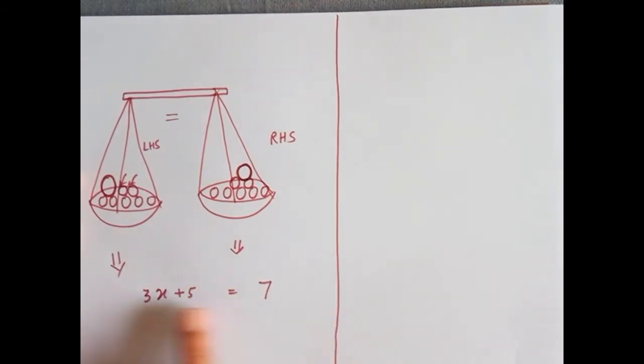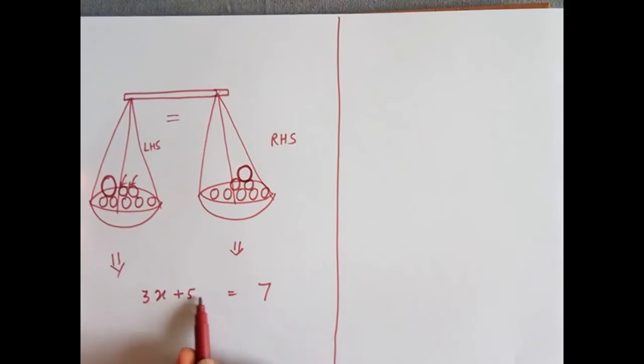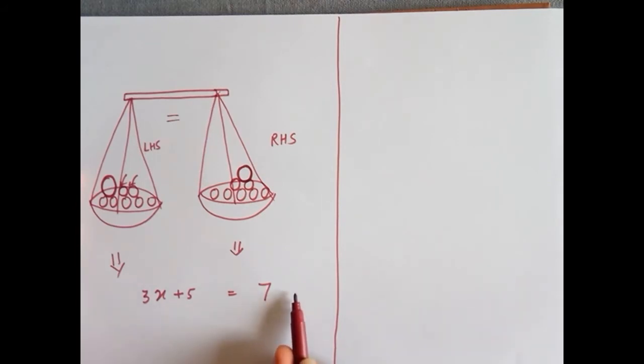Equal sign means balanced. If you add something here or subtract from here, you have to do the same thing here as well. If you add 2 here, you have to add 2 here. If you subtract something from here, you have to subtract the same thing from here also. Fine, this is the only method to solve a linear equation.